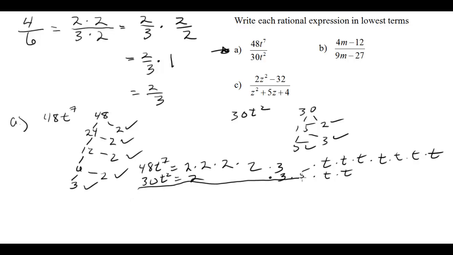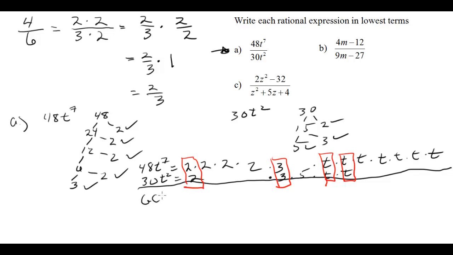Okay, now greatest common factor. Let's look for the common terms. That's a common term. That's a common term. That's a common term. And that's a common term. So we bring them down.